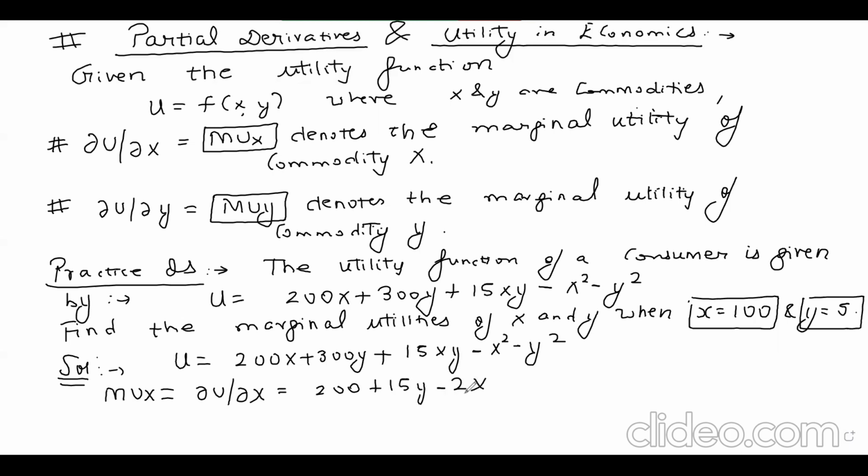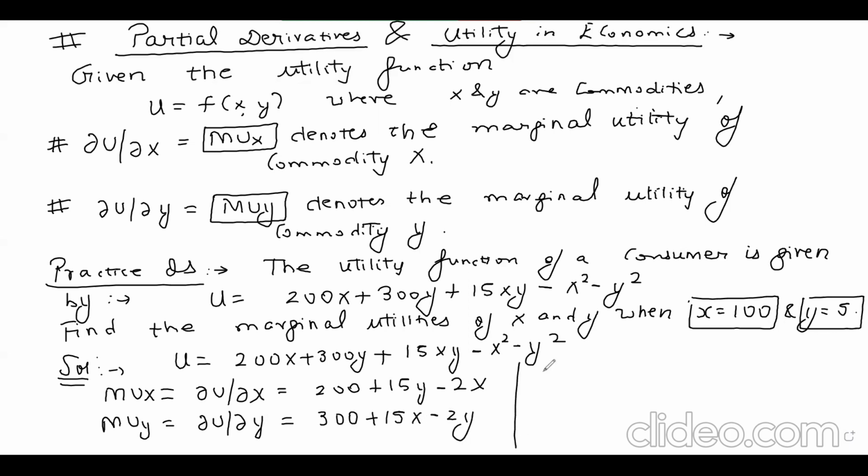Remember, when I'm partially differentiating the function with respect to x, I treat y as a constant and differentiate it. So MUY will just be del u by del y, the partial derivative of the utility function with respect to good y, which is 300 plus 15x minus 2y.